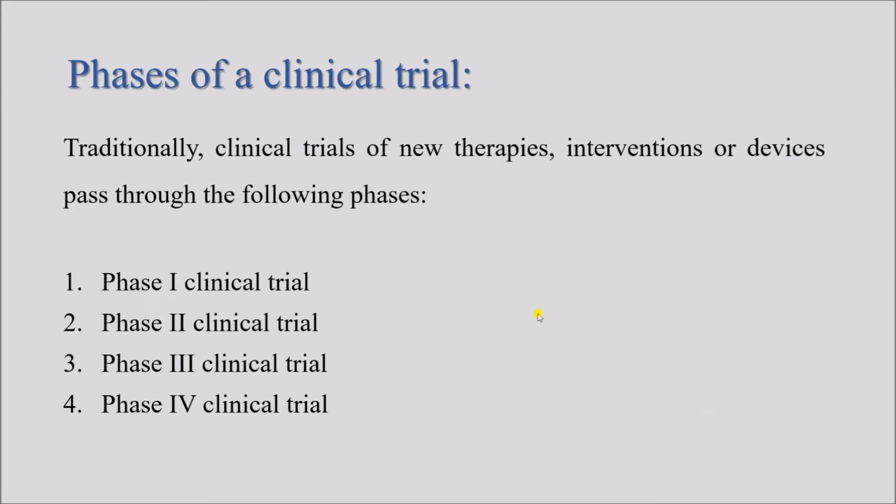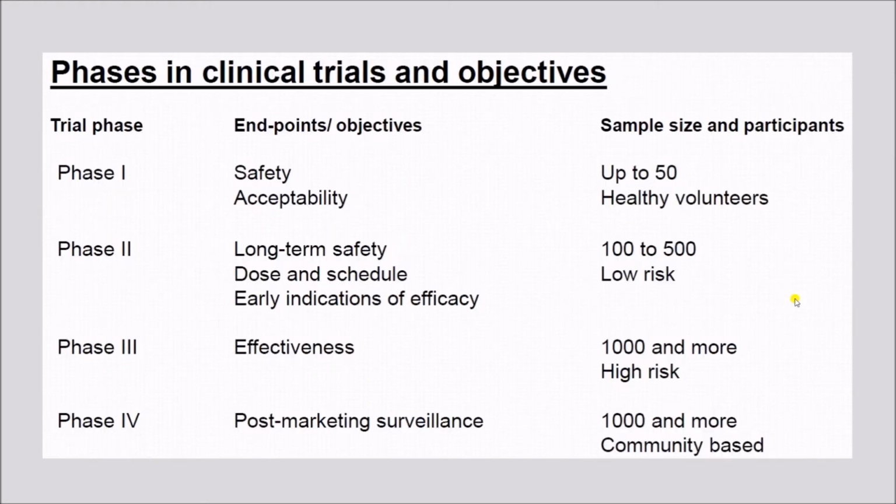Now coming to different phases of clinical trial, we have four phases: phase 1, 2, 3 and 4, and all these phases are summarized in this table. So phase 1, which is conducted on about 50 healthy volunteers, is done to assess safety and acceptability of the drug. Phase 2 is conducted on about 100 to 500 low risk patients to assess long-term safety, dose and schedule, and early indications of efficacy.